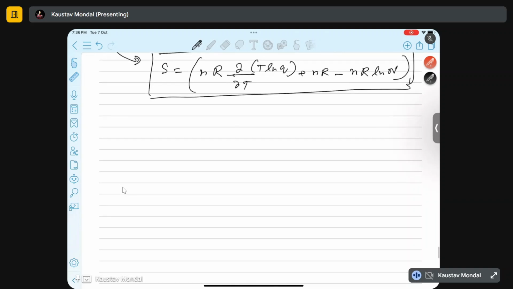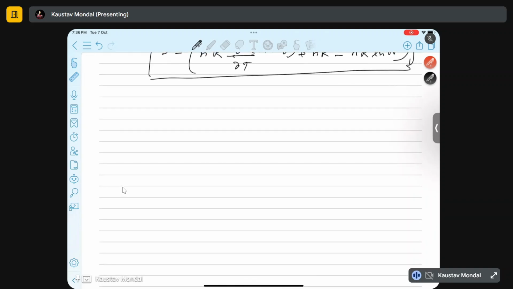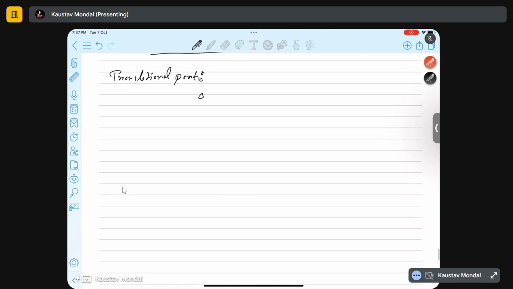First, let's consider the translational case. The translational part qt is basically, we know, V by lambda cubed, right?